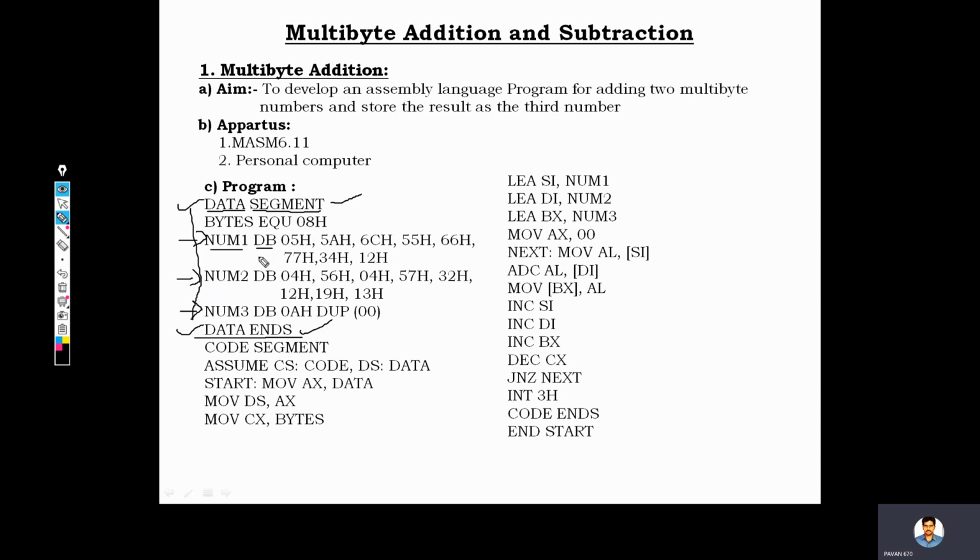DB indicates define byte. Whenever this assembler directive is provided in our assembly language program, along with the 8086 instruction set, we use assembler directives so that they convey meaning and are understandable to the assembler, showing how the data has to be treated.